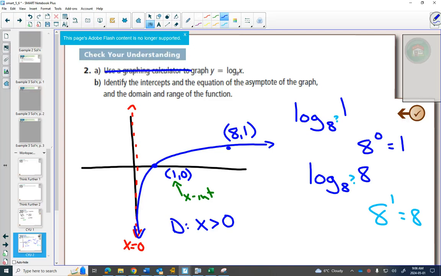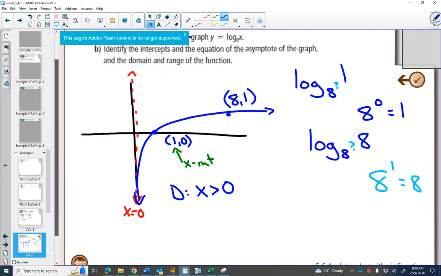And in logarithms, you can never take the logarithm of 0, and you can never take the logarithm of a negative number. This is important. Maybe we'll write it out as a sentence.